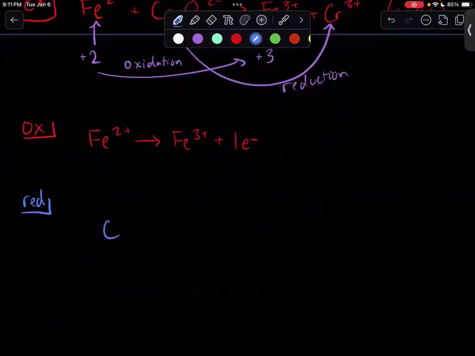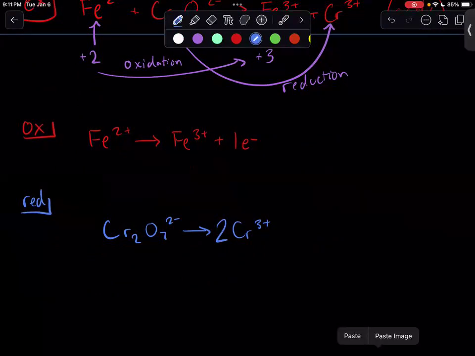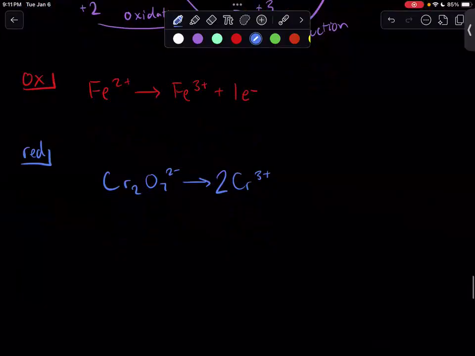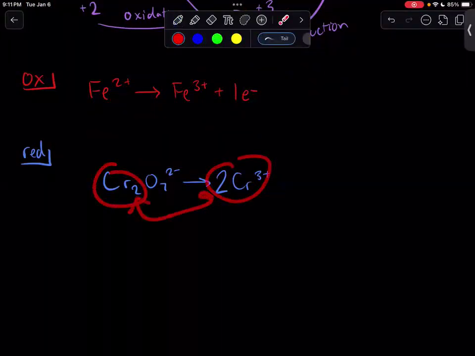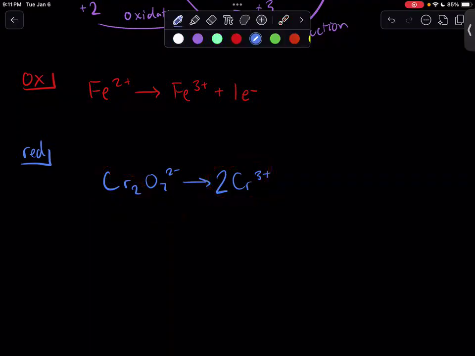So I need to start with Cr2O7, and that's going to react to form Cr3+. First things first, I need to double the amount of my chromium. I have to make sure that my coefficients match the subscript so that I can have equal amounts of chromium on both sides. The issue is I also now have oxygen.